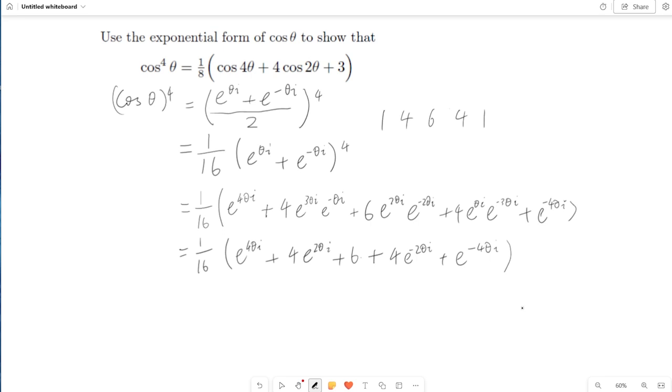Okay, some of you may have noticed that these terms and these terms are all conjugates of each other. So what we can do is gather them together and say, well, we have e to the power of 4 theta i plus e to the power of minus 4 theta i plus 4 e to the 2 theta i plus 4 e to the minus 2 theta i plus 6.